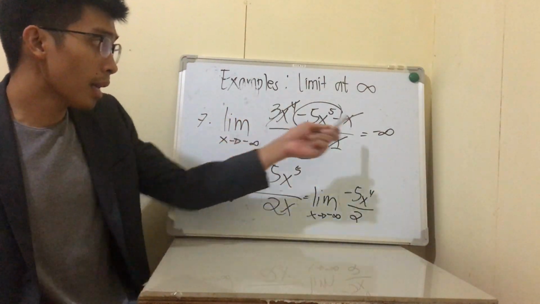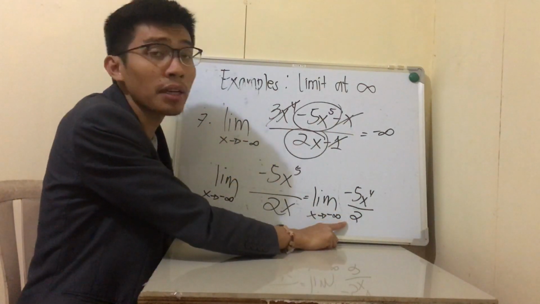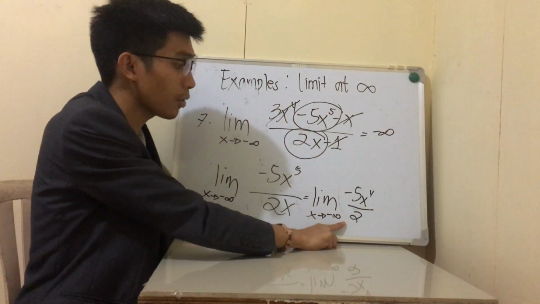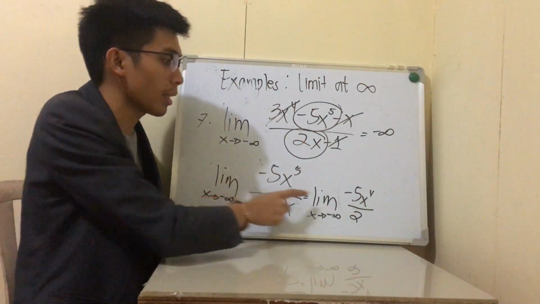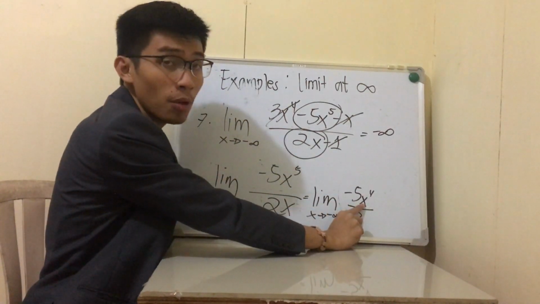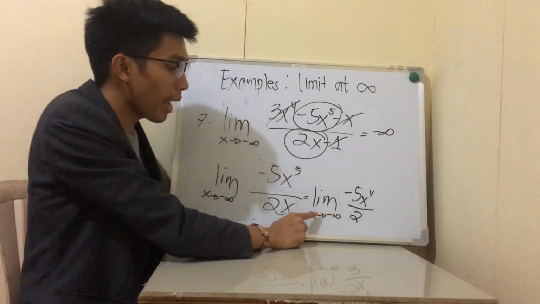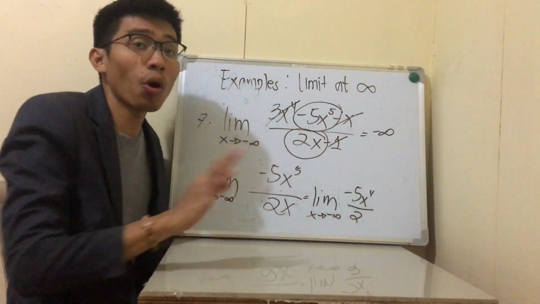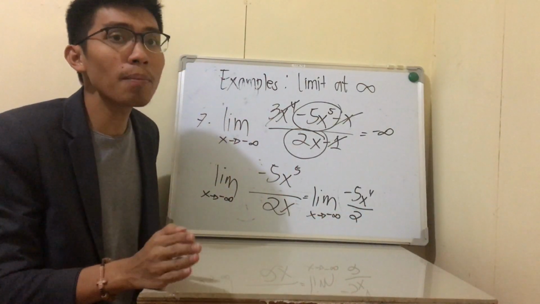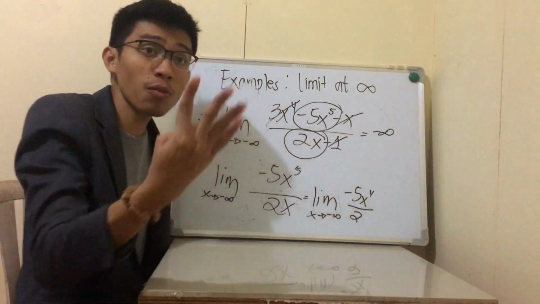How did we come up with negative infinity? This is the final term as you simplify your remaining leading coefficient. You all know that your variable here is x, and that is being raised to 4, and x approaches negative infinity. Negative infinity put inside a variable whose exponent is even will become positive. Our variable exponent here is 4.